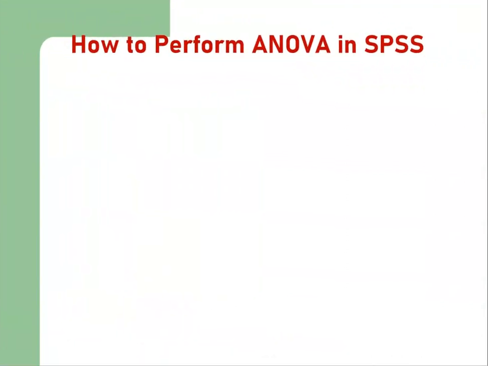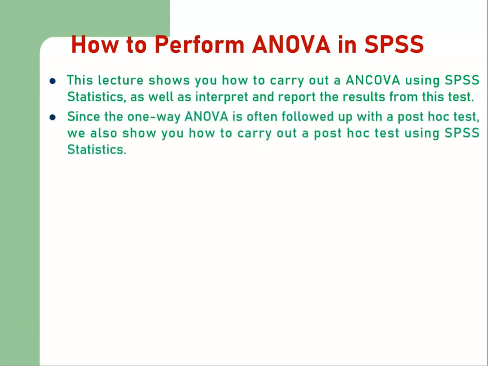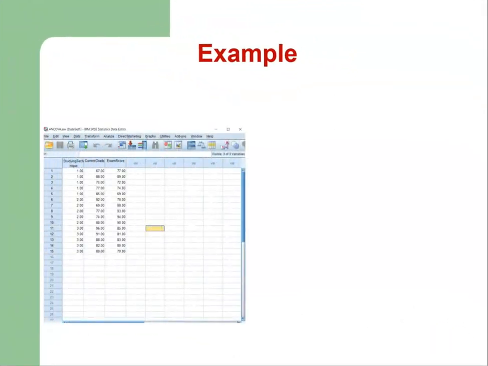Now, we try to answer how to perform ANCOVA in SPSS. This lecture shows how to carry out an ANCOVA using SPSS statistics as well as interpret and report the results from this test. Now, we will give an example, and this is hypothetical data that I have downloaded from the net. There are three variables.